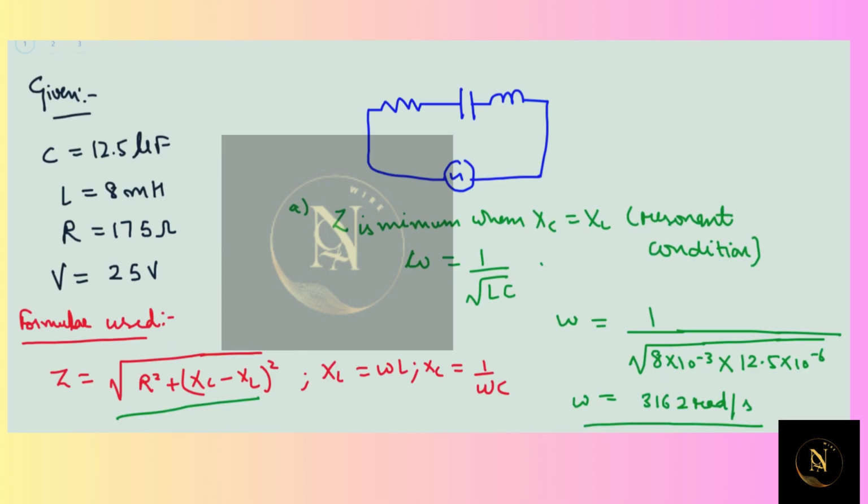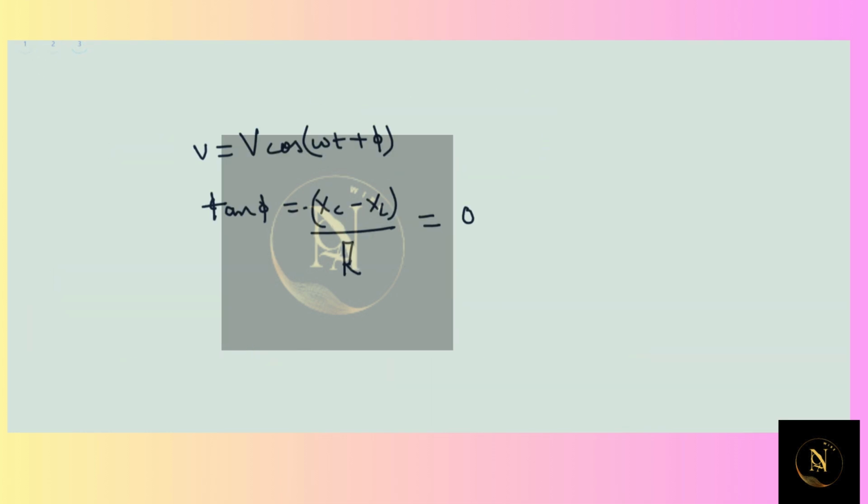So phi is equal to 0. Therefore v is equal to V cos omega t. Using the same values, this comes out to 25 times 1 over 2. So this gives us 12.5 volt.